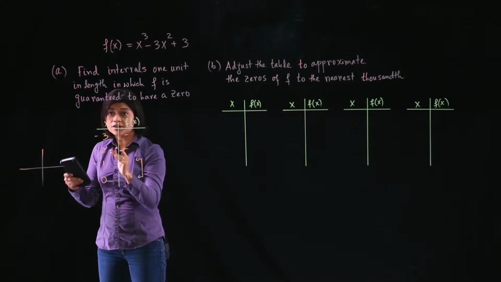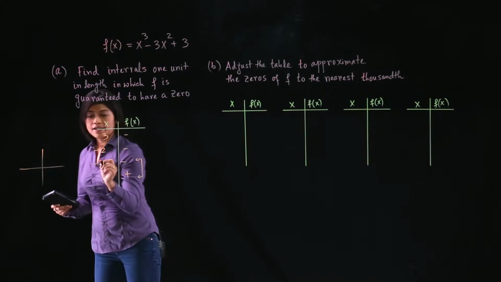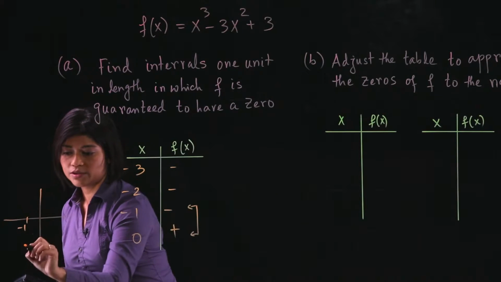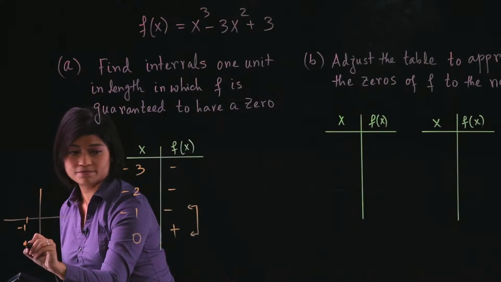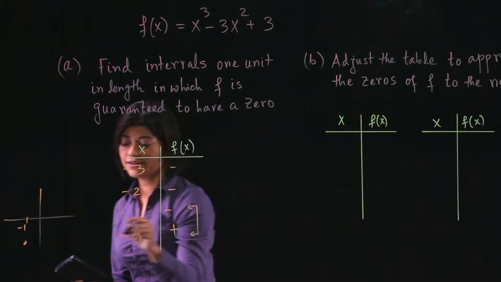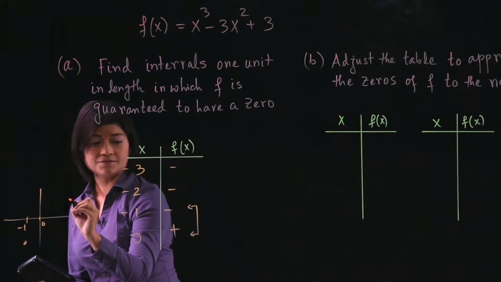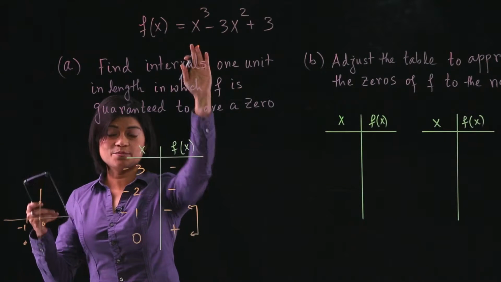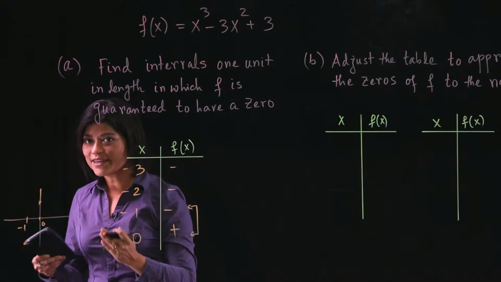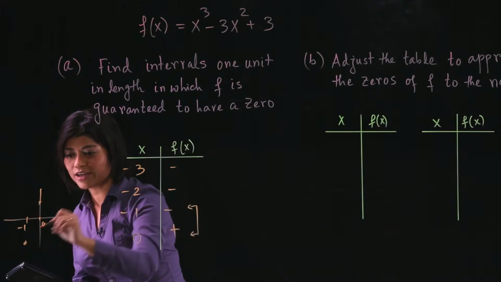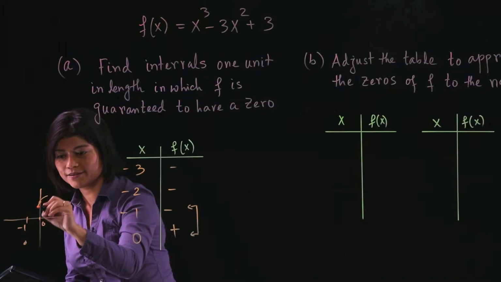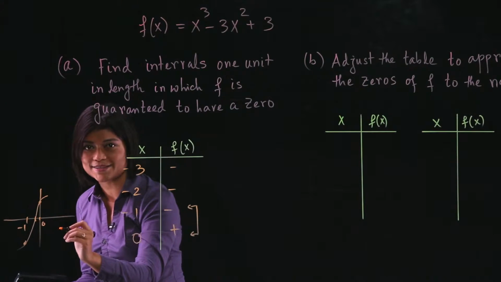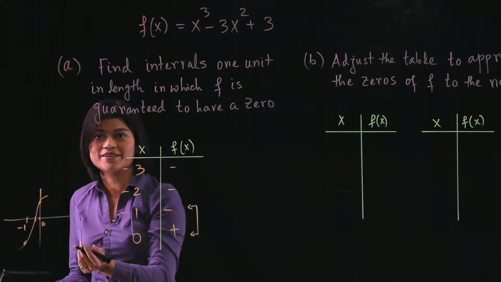If you are thinking about the graph of this function, at -1, the value of the function is something negative, right? At 0, the value of the function is something positive. Now, the function is a polynomial, so it's continuous. That means the graph of this function has to join these 2 points, and that means the function has to cross the x-axis somewhere in between -1 and 0.